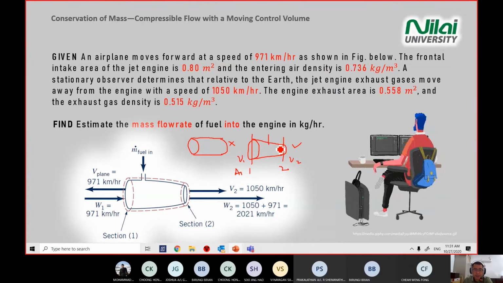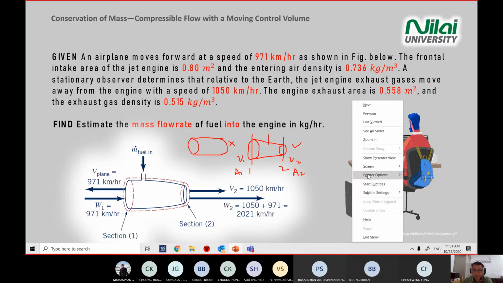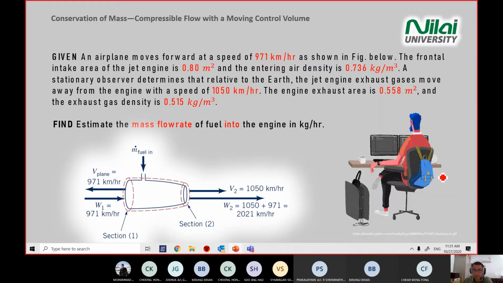Yeah, A is given. So A2 is given. So I'm going to explain a little bit on the diagram. I'll give you one more minute to draft out the diagram as I show on the screen.